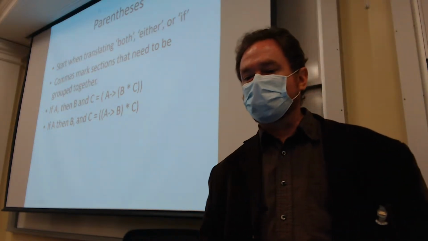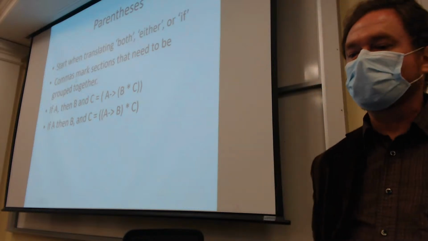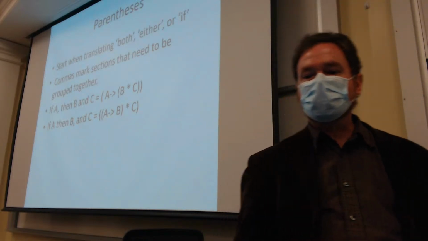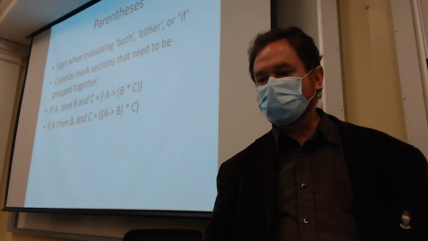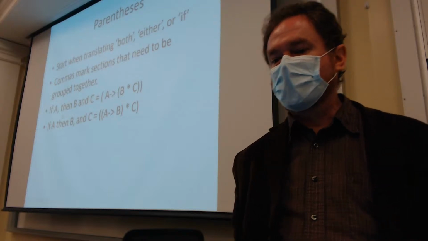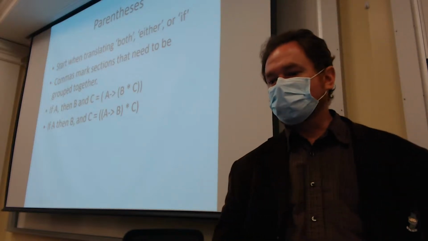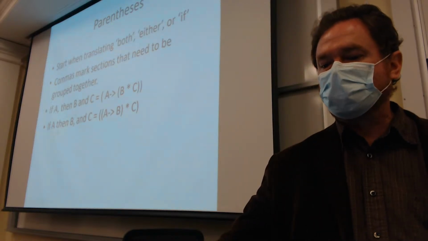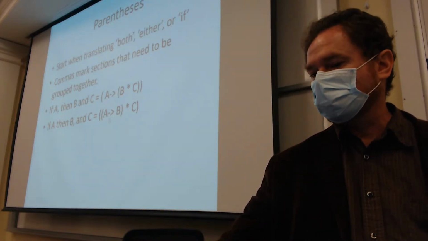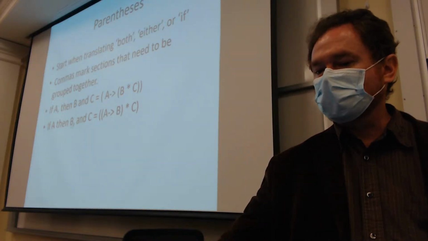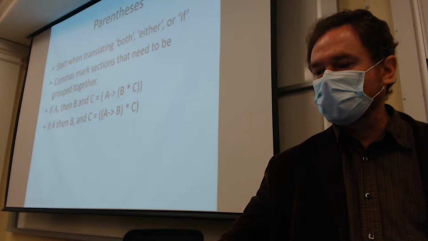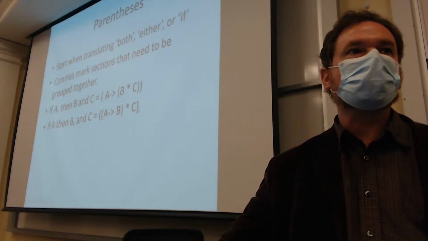A second principle is that commas mark letters that need to be grouped together. So here's an example of how to use commas. If A, then B and C is a different translation than if A, then B, and also C. So the comma tells us which two letters get grouped together in the parenthesis and which one is separated.